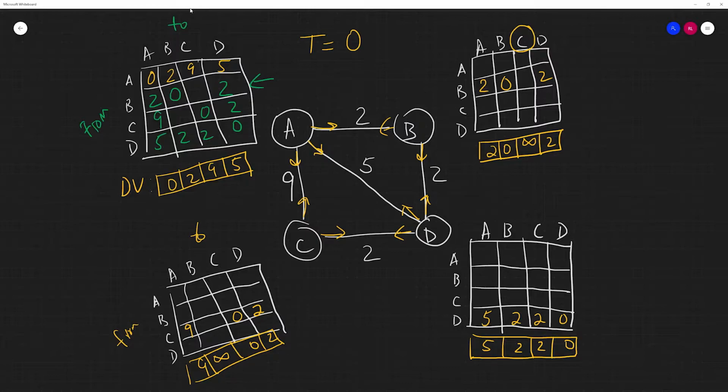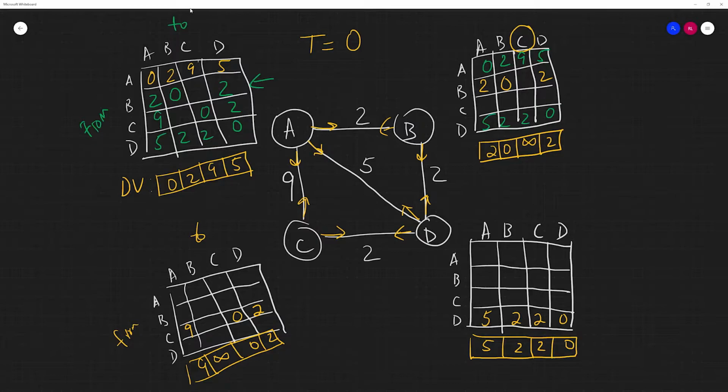From A, I receive 0, 2, 9, 5. From D, I receive 5, 2, 2, 0. And from C, I don't receive anything, so it's still infinity.